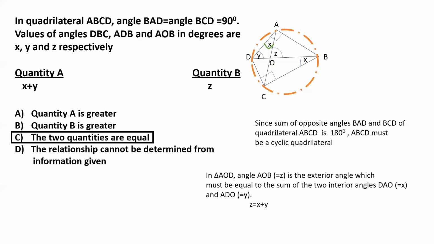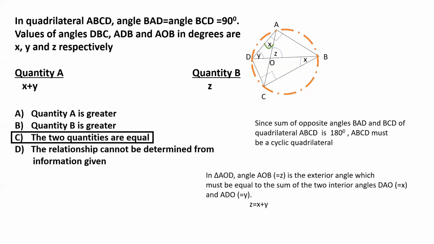The quantities are equal. So if you know and apply this property of cyclic quadrilaterals, then this becomes a less than 30-second solution. But the key here is noting that the quadrilateral ABCD, because its two opposite angles are supplementary, meaning that they sum up to 180 degrees, is going to be a cyclic quadrilateral, and that realization is key to solving this problem very, very quickly.